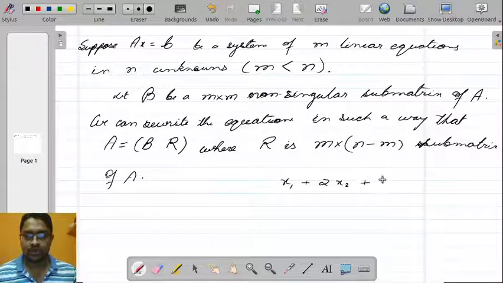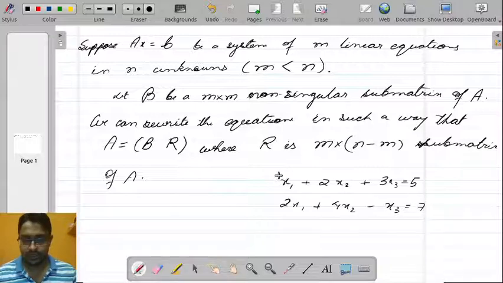Something like this: 2x2 plus 3x3 equal to 5, and 2x1 plus 4x2 minus x3 equal to 7.